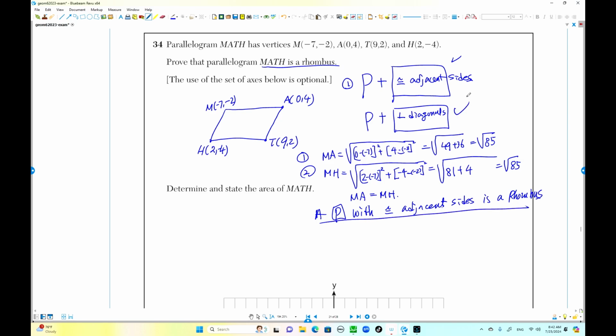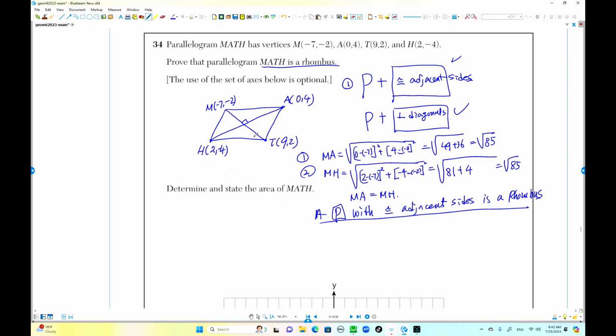Or you can use the diagonals too. This time, we find the slope of this one and the slope of the other one. They must be perpendicular.